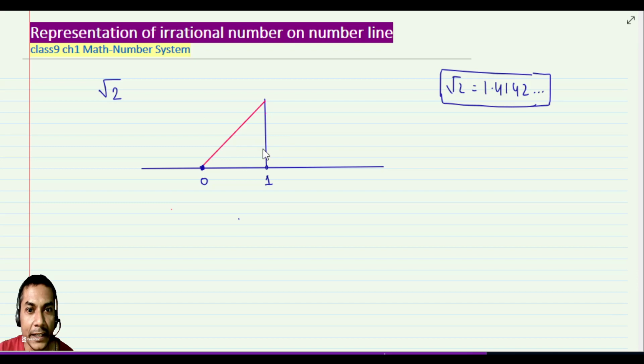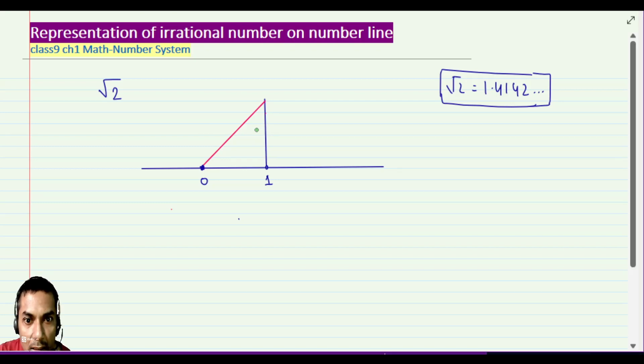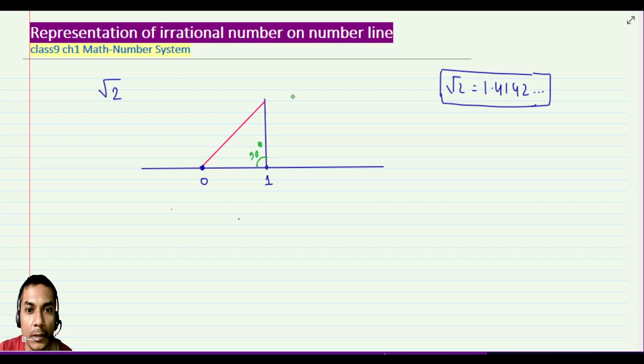So this is the vertical line, you must remember, at 90 degrees. And you just mark points A, B and C. Here AC is perpendicular to BC.